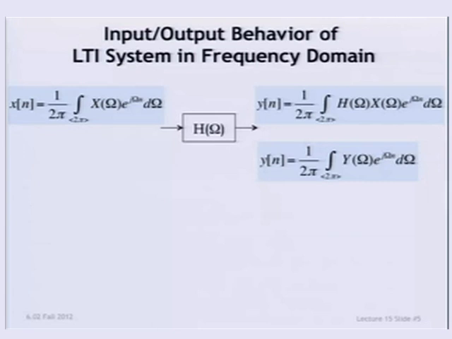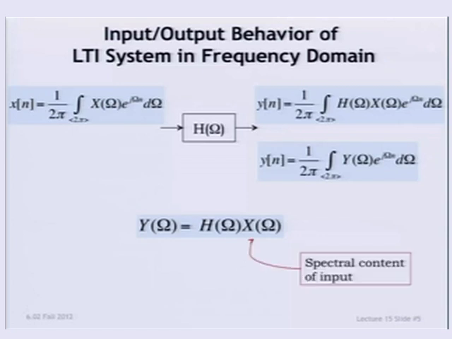And now we have more generally a signal that's represented as a weighted combination of exponentials of that type. Out comes the same weighted combination of exponentials, except each one is scaled by the frequency response as appropriate. And then comparing that with what we expect as a spectral representation for the output, we get this key relationship, which is relating the input and the output of an LTI system that's governed by a frequency response.